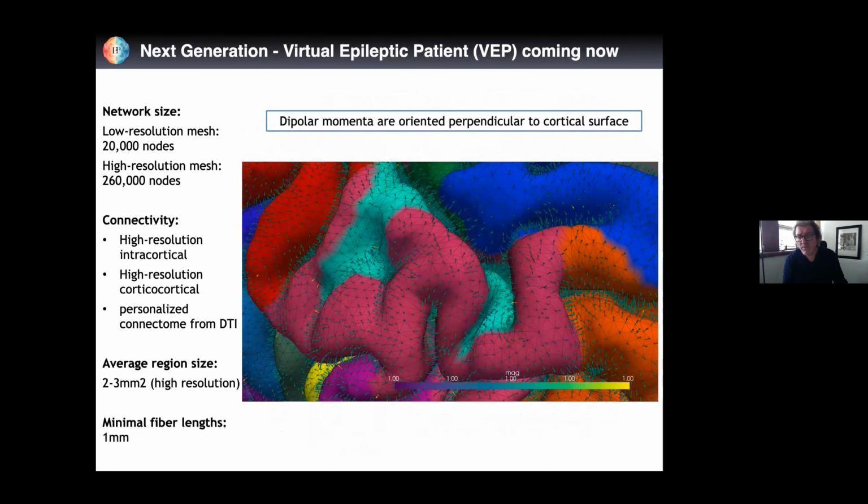what you can do now in this high resolution mesh is put these dipole momenta on top, and you can actually compute and take advantage of the perpendicular alignment of the pyramidal cells to the surface. So you suddenly have the directional information.